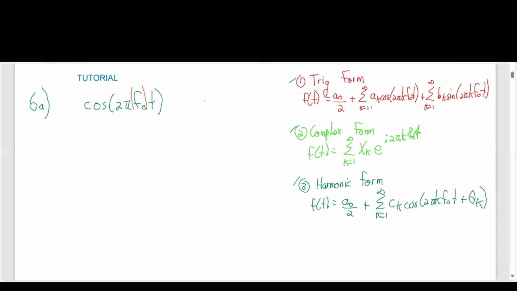So what I mean by that is, if I had, say, cos 8 pi f naught t, right now this is not in a form that you can extract the harmonics from easily. So what you need to do is just factorize the 2 pi. So it'll be cos, pull out the 2, and the remainder you just spread back with the f naught.